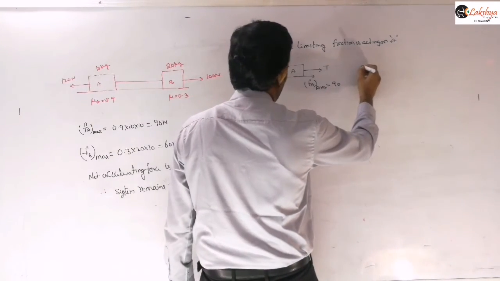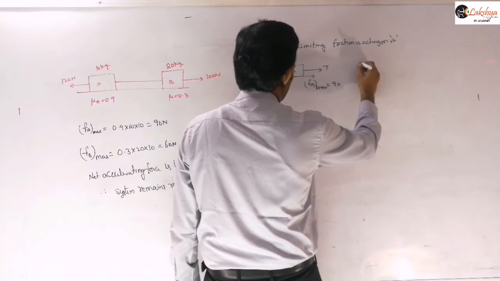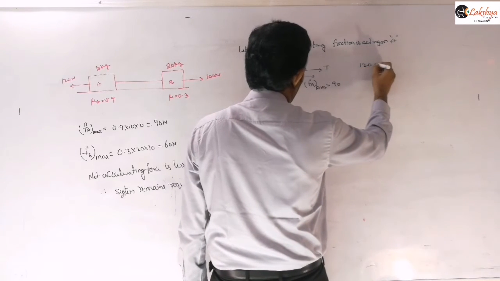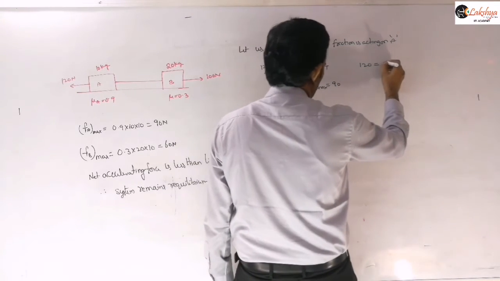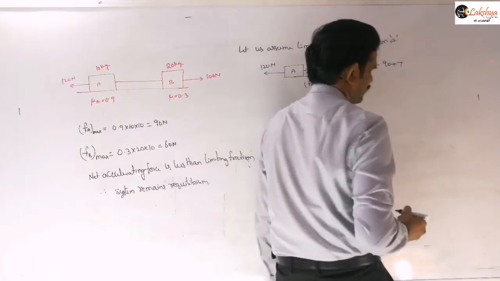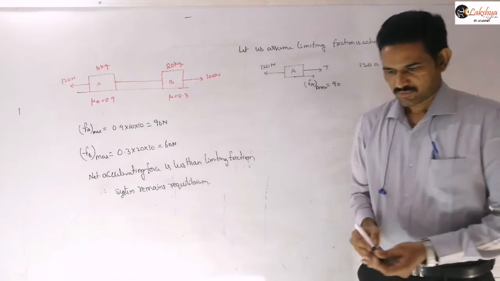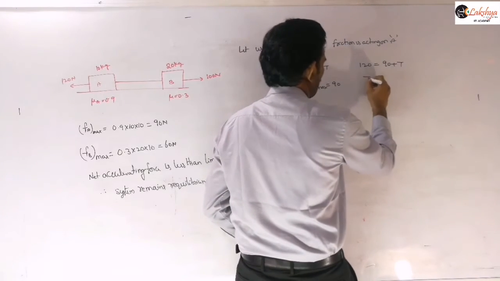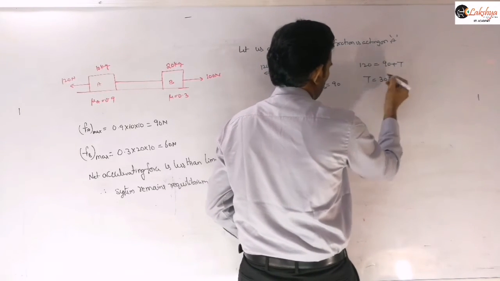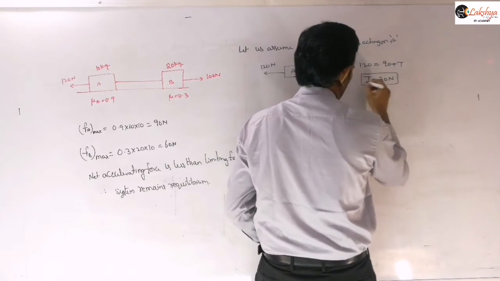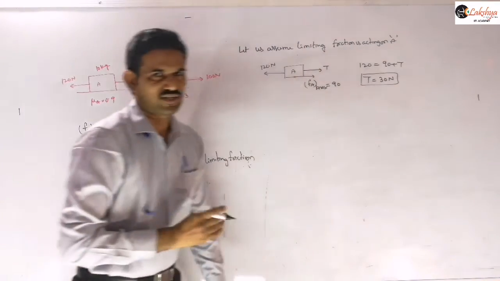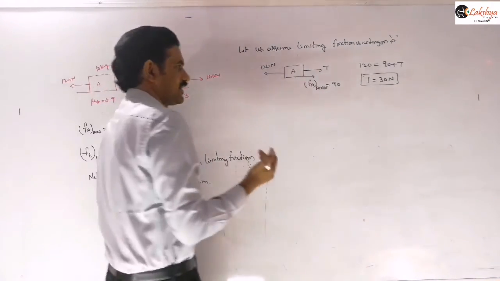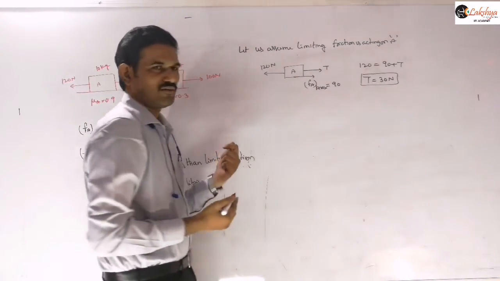Therefore, we can write 120 is equal to 90 plus T, and therefore T is equal to 30 newtons. That is the T value we are getting there, 30 newtons. Now let us come to block B.